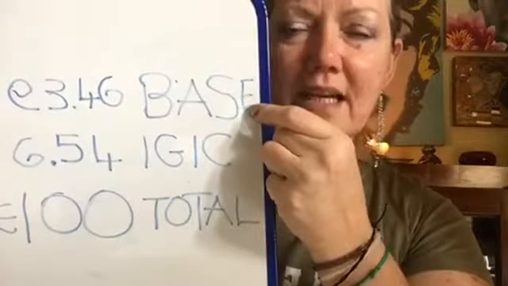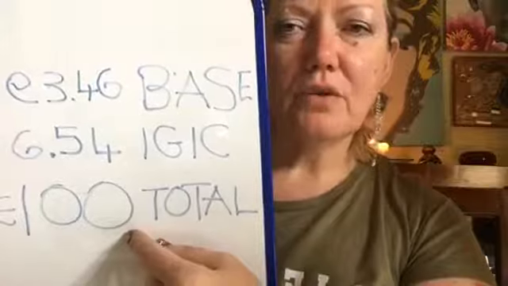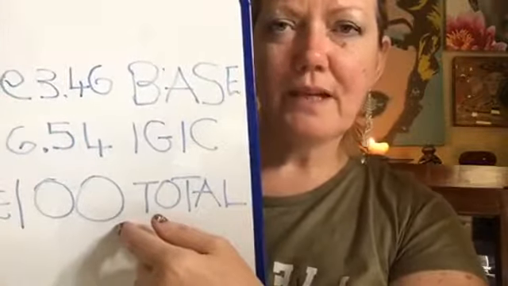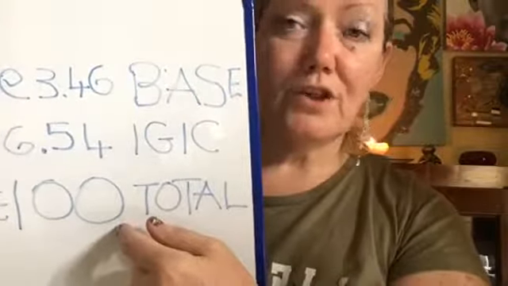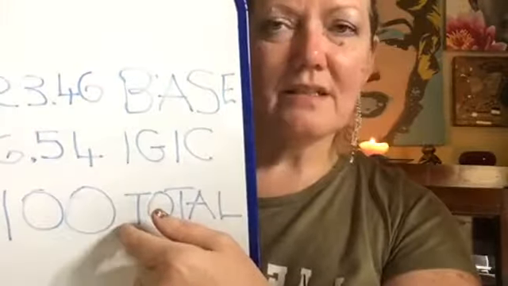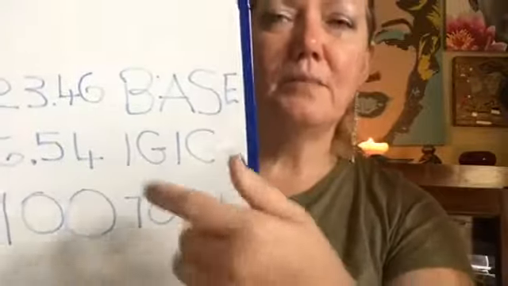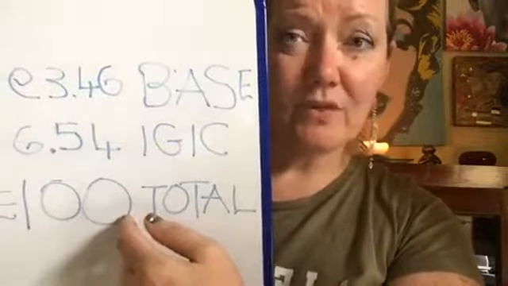I'll repeat that again. We divide the total we've told our clients we're going to be charging them by 107 because the IGIC at the moment is 7%. If it were 8%, it would be divide by 108, okay?